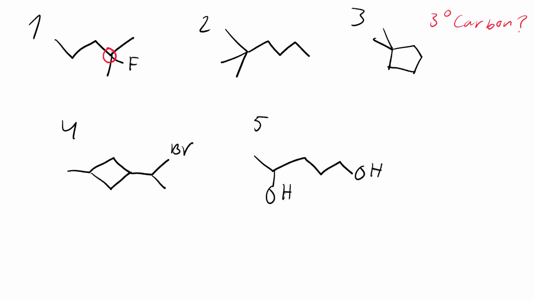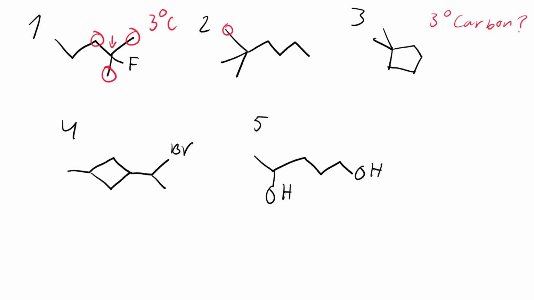Alright, what about this one? Well, we are attached to 1 carbon, 2 carbons, and 3 carbons. It doesn't matter that we're also attached to a fluorine, because that fluorine is not a carbon, and so we don't really care about it. And hence, this carbon right here is attached to 3 other ones, so this is a tertiary carbon.